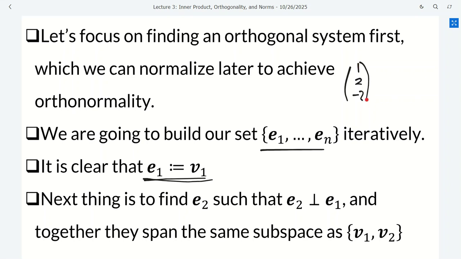Go ahead and find the orthonormal basis for me. How do you find it? We learned it. Because it's V1, I can say U1 is equal to the vector divided by its magnitude. This is V1 divided by this.